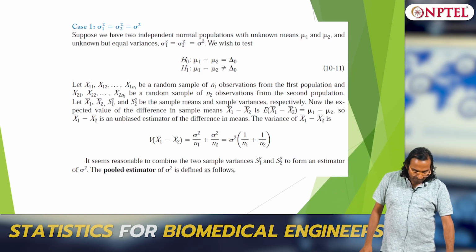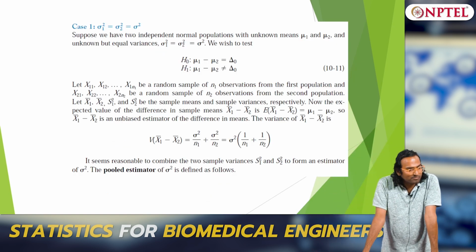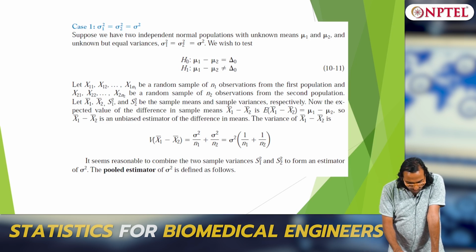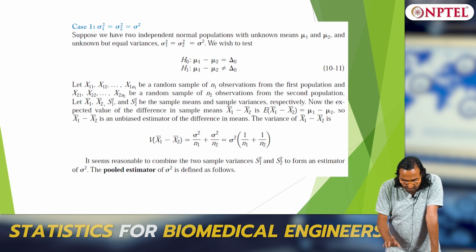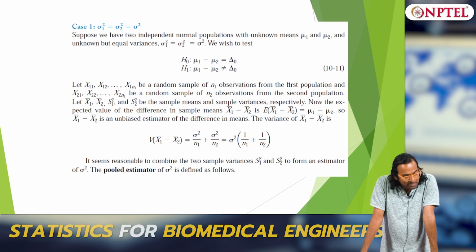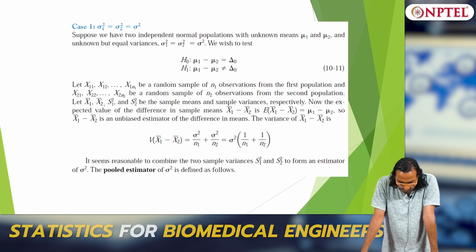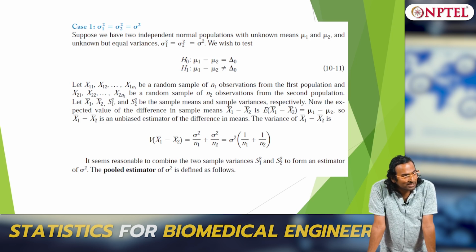So now remember the challenge with this: it has sigma squared by n1 plus sigma squared by n2, that is nothing but sigma squared into 1 over n1 plus 1 over n2, okay. So what is the assumption here? Sigma 1 squared equals sigma 2 squared.